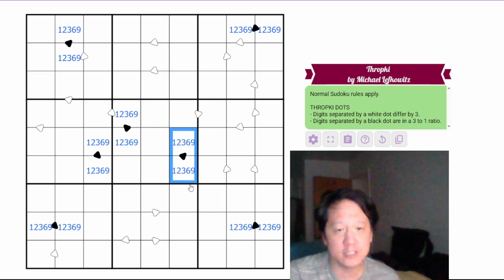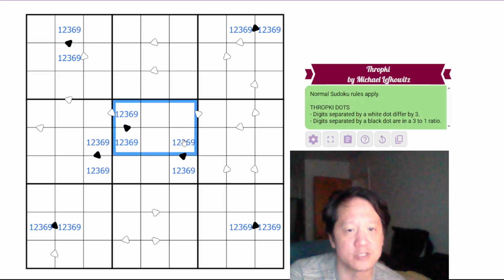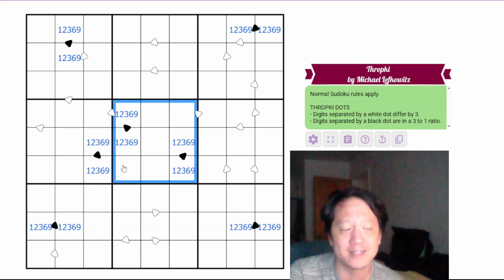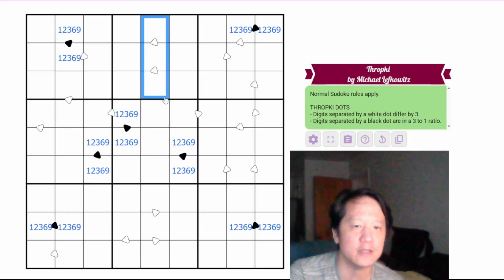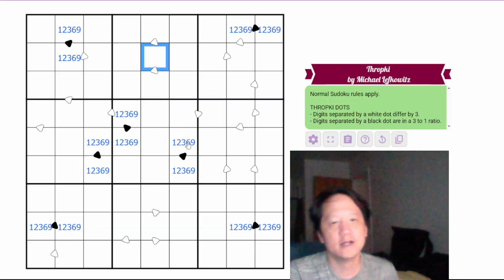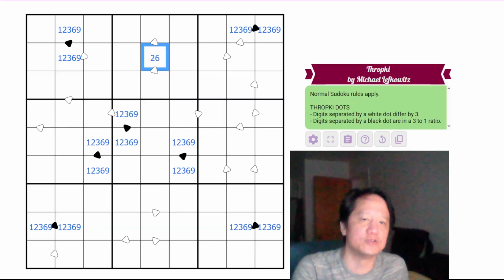So you're guaranteed you cannot have a 2, 3, or 6 in the rest of this box. Well, where are 2, 3, and 6 in column 5 then? They have to be in these modulo sets. That would mean this must be 2 or 6, and this must be 2 or 6.